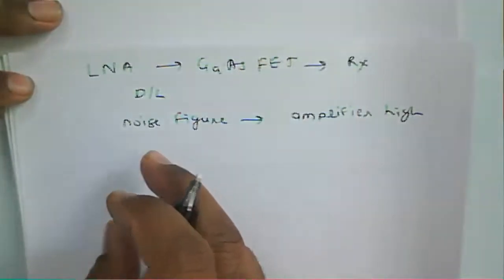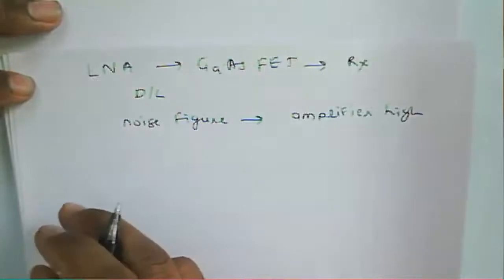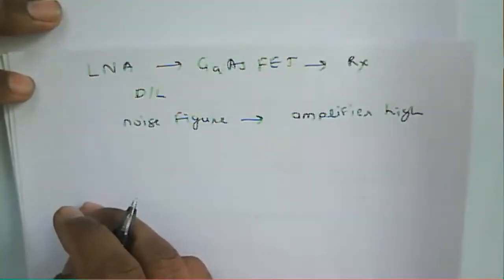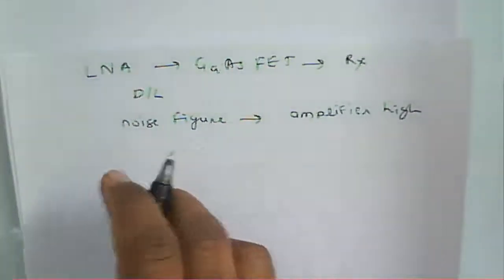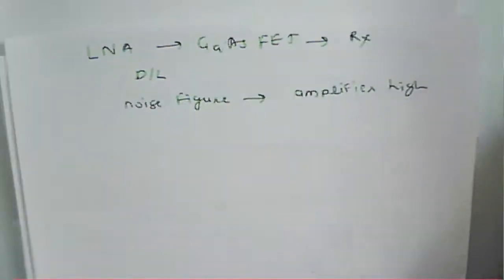There are various low noise amplifiers used in the receiving station or in the satellite. Even a parametric amplifier is used in the earth station or in a satellite. That's all about the high power amplifier and low noise amplifier.